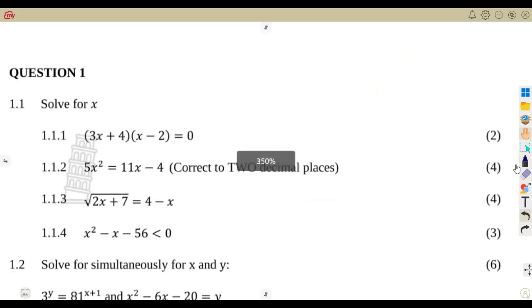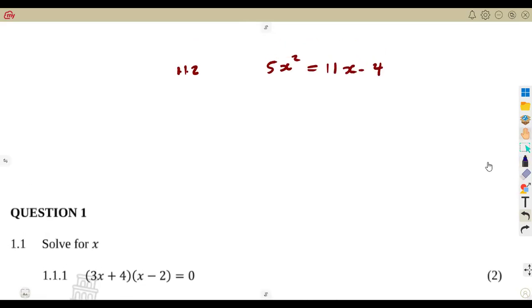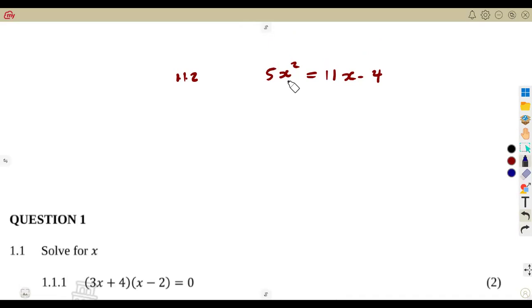Considering the other part on 1.1.2, again, it is to solve for x, correct to 2 decimal places. As we are given this instruction, you're supposed to follow the instruction. So how can we solve this? That's a quadratic equation. 5x squared is equivalent to 11x minus 4. Remember your quadratic equation using the quadratic formula, but we must have the format of ax squared plus bx plus c is equal to 0.